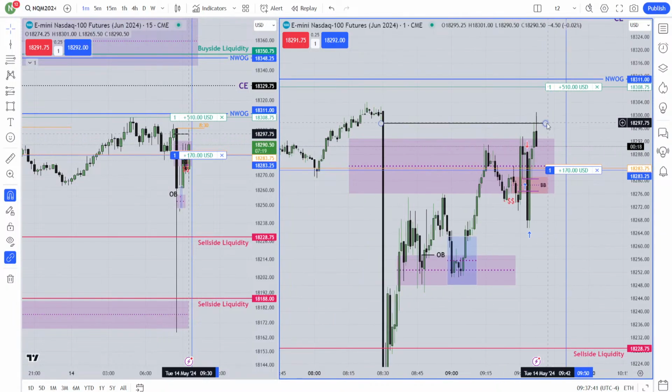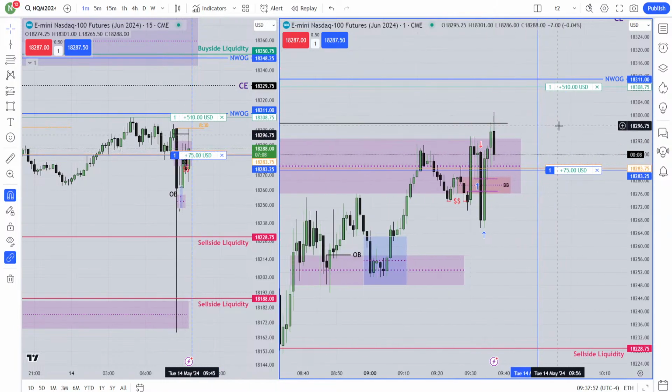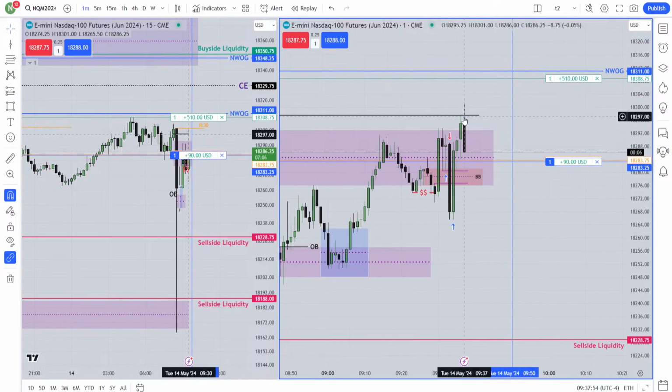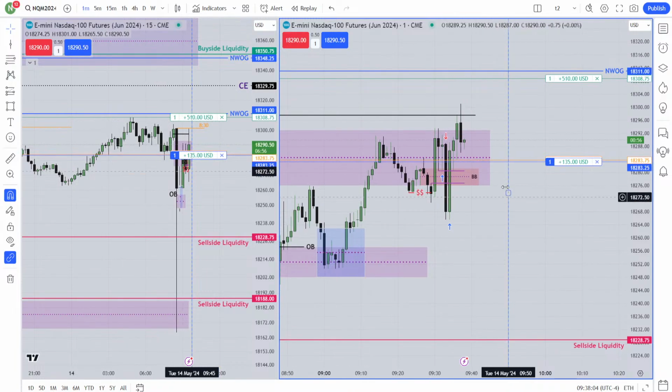Here, when market tapped to this low of that fair value gap, it has done its job. All over this setup, everything is done. Okay, every single thing is done. Now market can do anything. I don't know what is going to happen. Until that low, I was confident that market will keep going higher. I put my stop loss for the most obvious buy side liquidity. If it reaches until that, I'm cool.